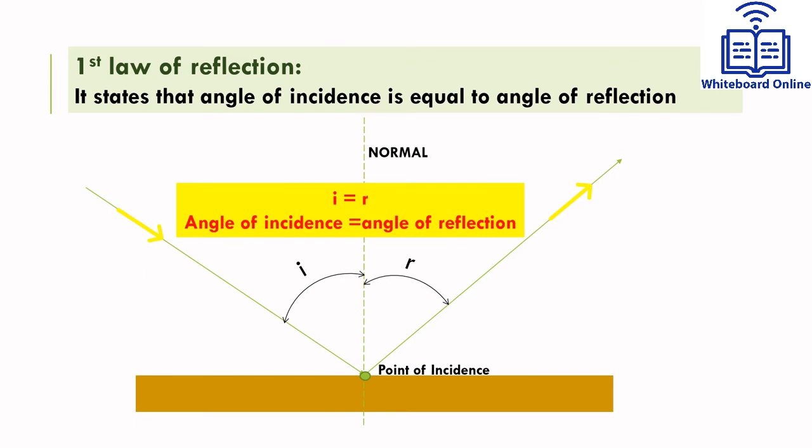Students, let us move to the first law of reflection. What does the first law of reflection state? The first law of reflection states that the angle of incidence is equal to the angle of reflection. What does this mean?